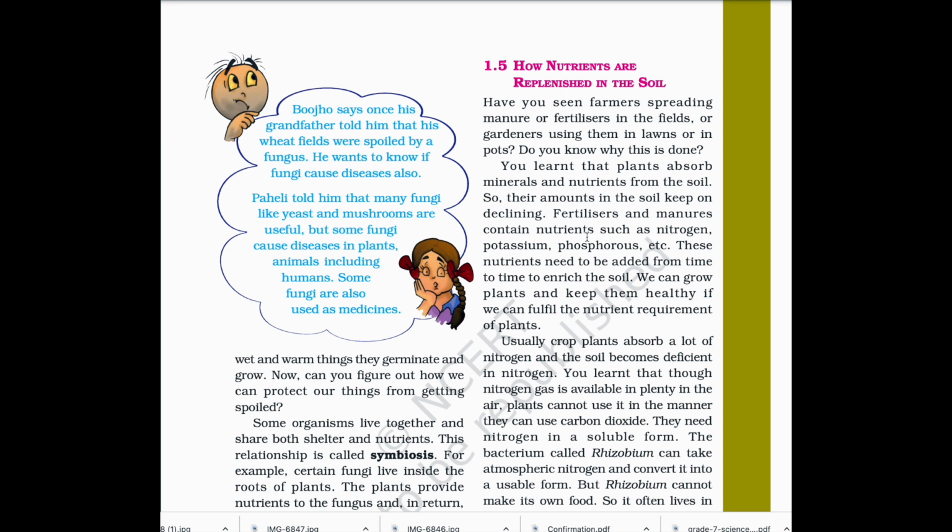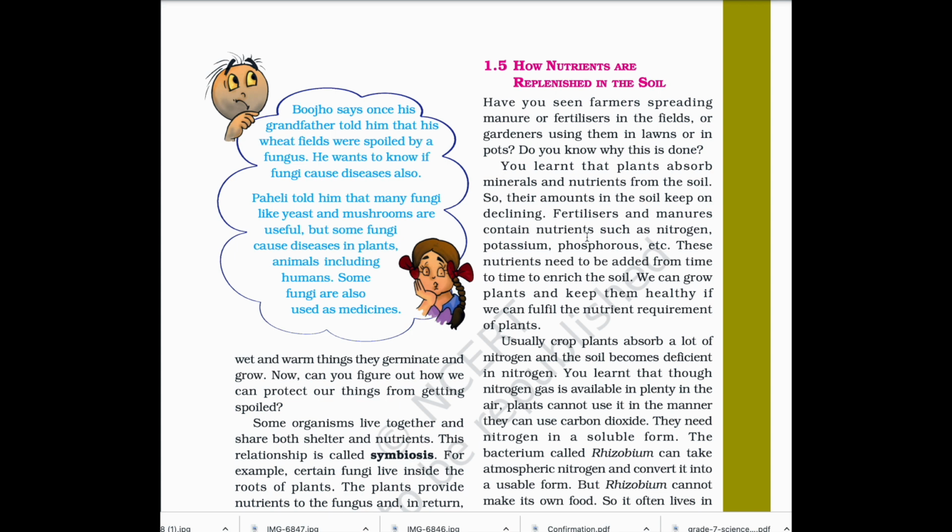1.5 How nutrients are replenished in the soil. Have you seen farmers spreading manure or fertilizers in the fields, or gardeners using them in lawns or in pots? Do you know why this is done? You learned that plants absorb minerals and nutrients from the soil, so their amounts in the soil keep on declining.